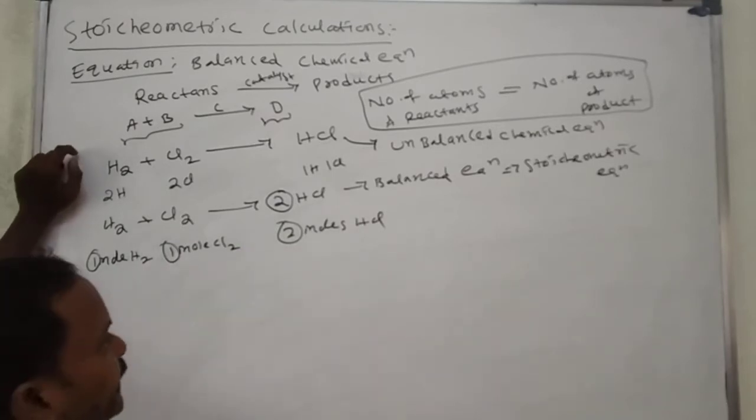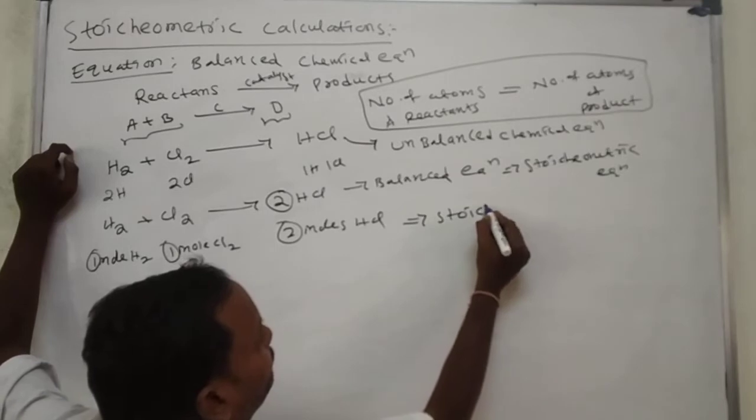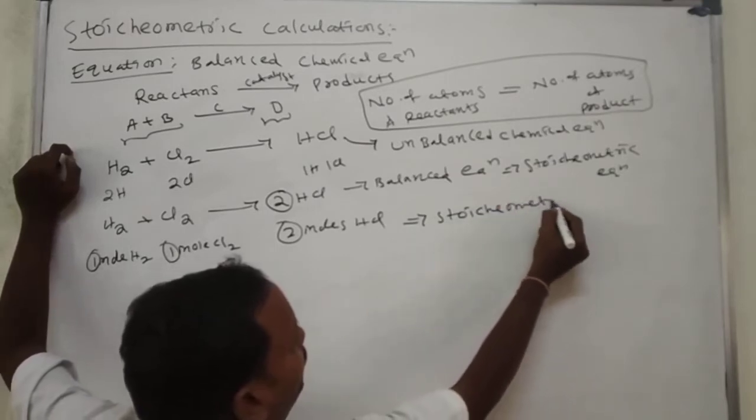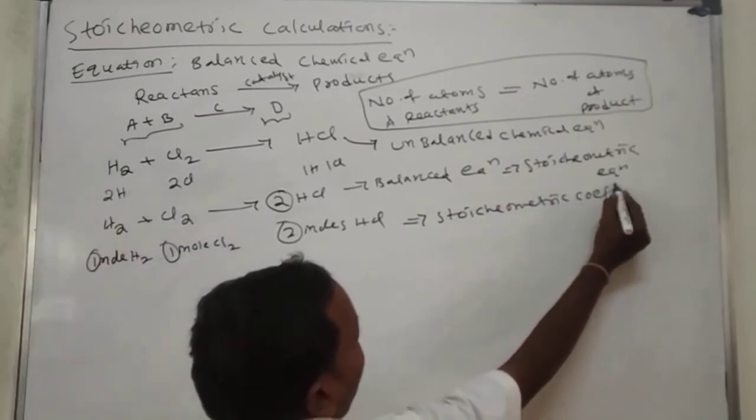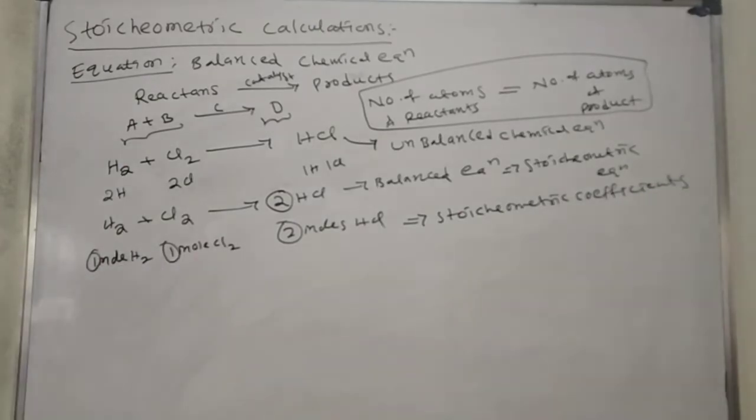These numbers we call stoichiometric coefficients. What is the use of stoichiometric coefficients? They are used for the balancing of chemical equations.